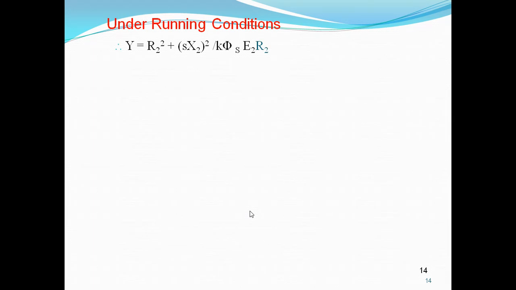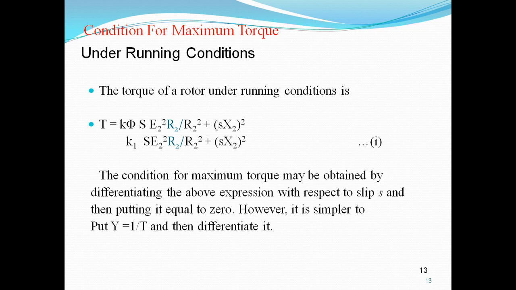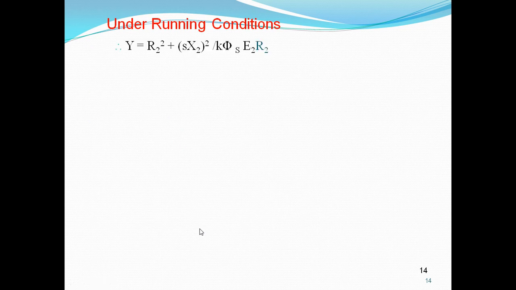So let us see. Here it says put y is equal to 1 by T. Then differentiate it, so it is reversed and he is doing the differentiation with respect to S. This is the u by v rule: the differentiation of u by v is equal to (v du minus u dv) by v square.